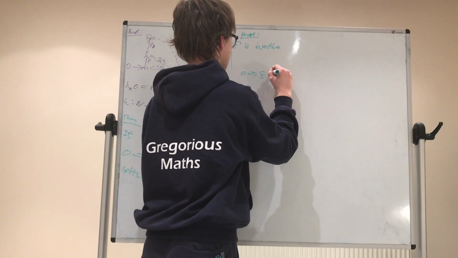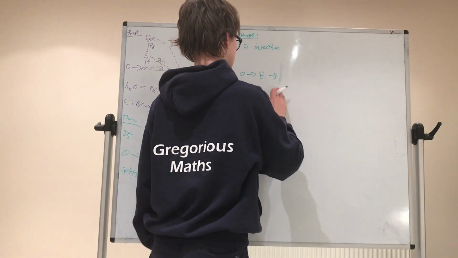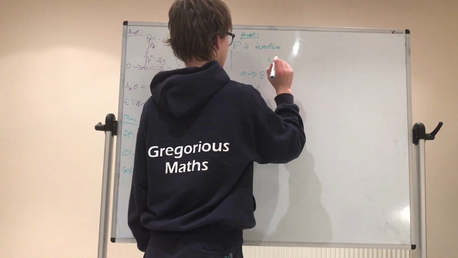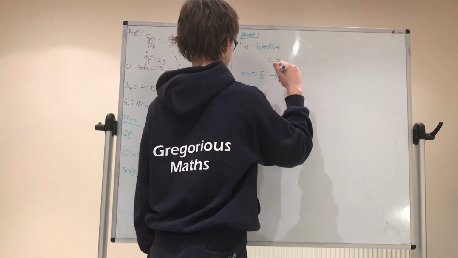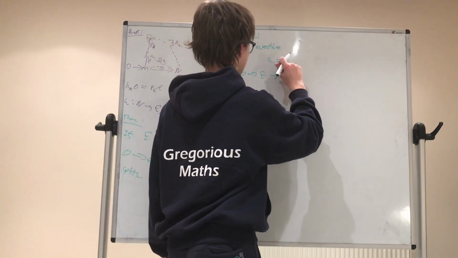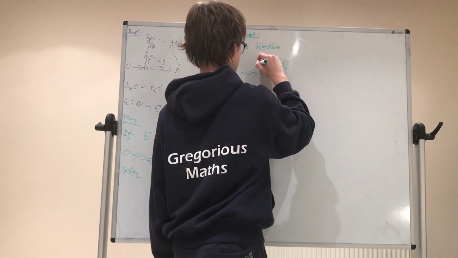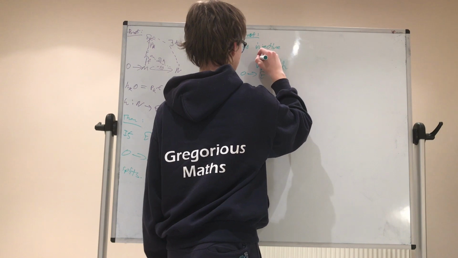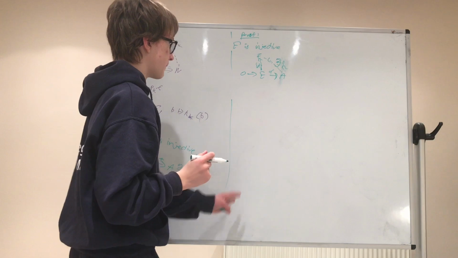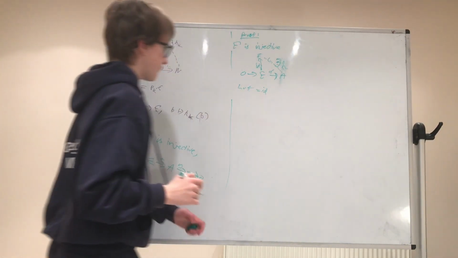We have E, and then we have an injection going to A. And then we have some map, let's say h, such that h composed with f is equal to the identity.